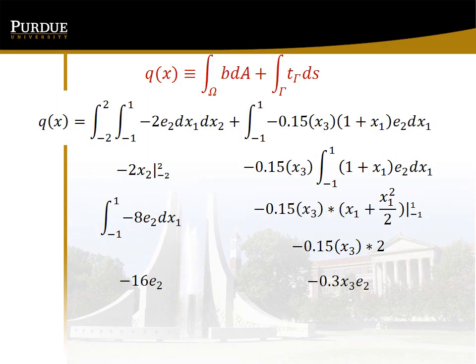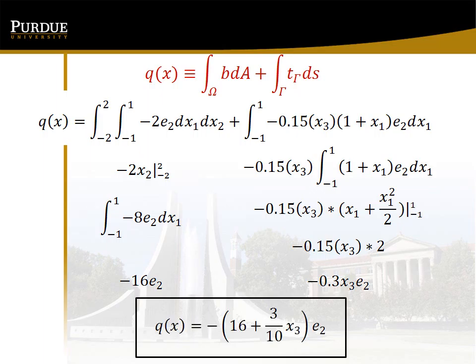Simplifying, we can get the integration of the traction force to be negative 0.3 x3 E2. Combining these two terms, we can get the applied loading equation Q of x to be negative parentheses 16 plus 3/10 x3 in the E2 direction.